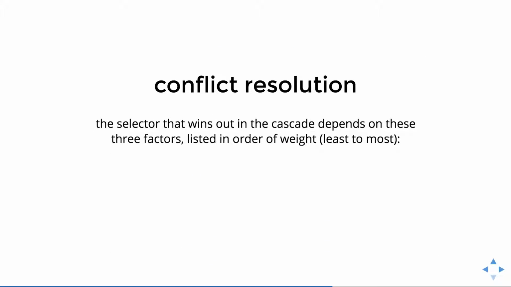All right, so this is what we're going to talk about, conflict resolution. When you're trying to figure out what wins, a weighted system is used to determine that. It's based on 3 factors: source order, specificity, and importance.